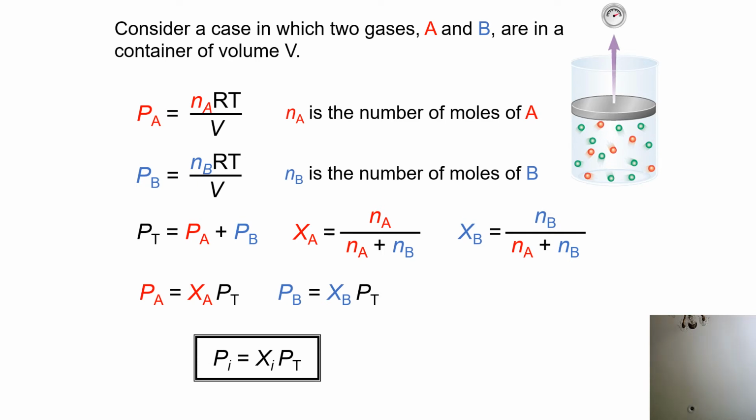So this i just indicates any gas, whether it's A, B, and so forth. And of course, the mole fraction of whatever we're focusing on is the number of moles of that component divided by the total number of moles. So the partial pressure of a gas is proportional to the quantity of the gas in a given volume and does not depend on the identity of the gas.